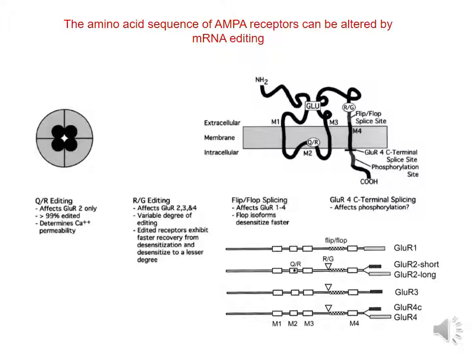Then the R and G editing affects mostly GLURs 2, 3, and 4 to variable degrees of editing, and edited receptors exhibit faster recovery from desensitization and desensitize to a lesser degree. Then the flip-flop splicing affects subunits GLUR1 to 4, and flop isoforms desensitize faster, while GLUR4 C-terminal splicing is susceptible to phosphorylation and other modifications.